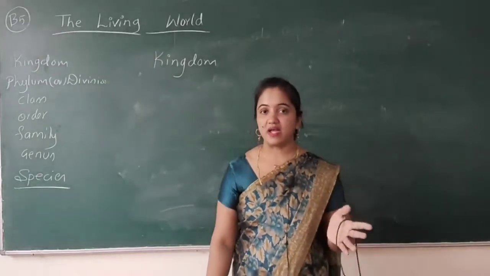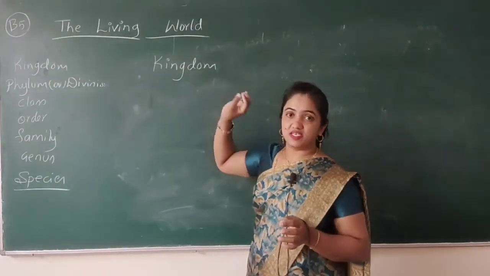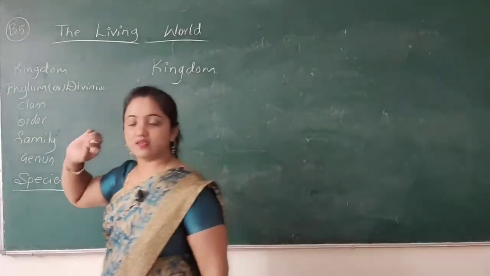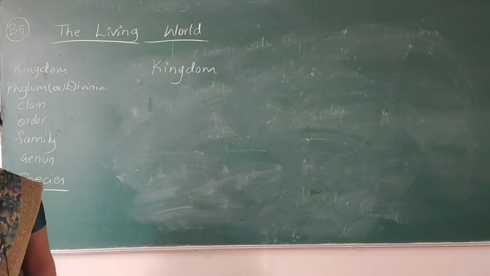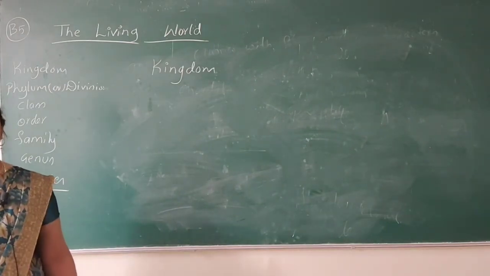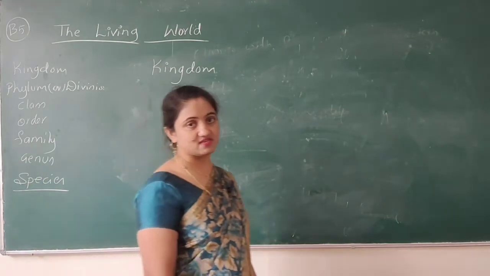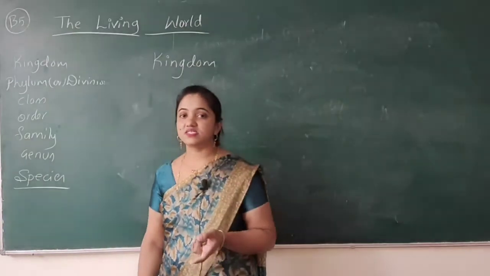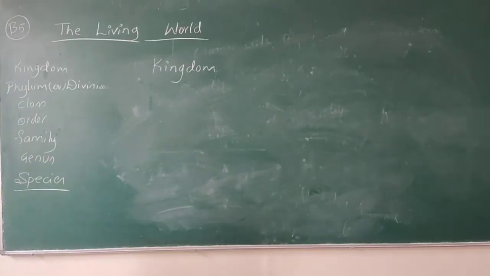Before that, we have to understand what a kingdom is. It is simple: various phyla. Phyla means phylum or divisions. Various phyla or divisions are assigned to the highest category, known as kingdom.